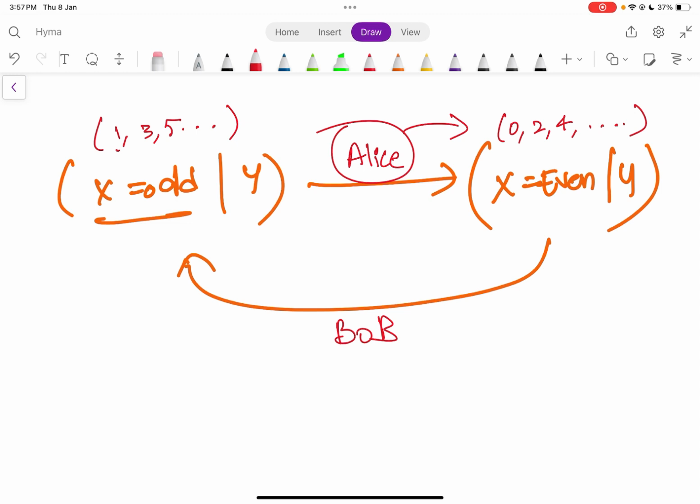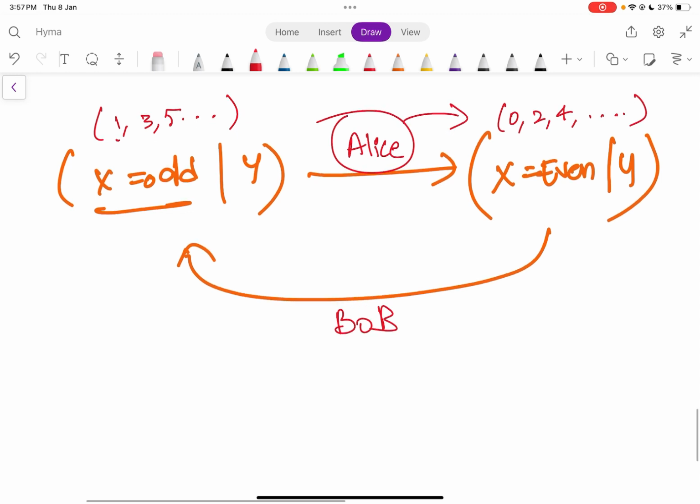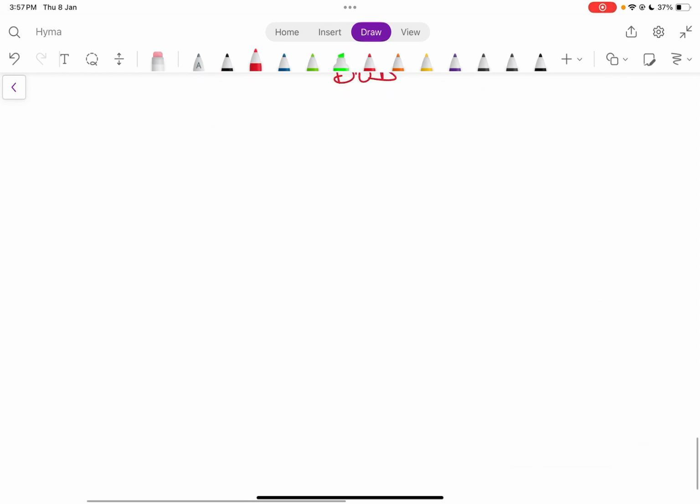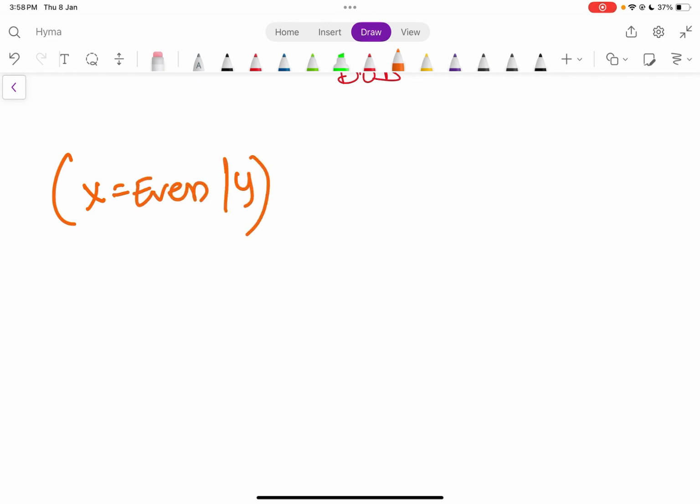Let's try to reverse the case where the initial condition is even. Let's say x is even here and we don't care about y. The first operation is going to be done by Alice.